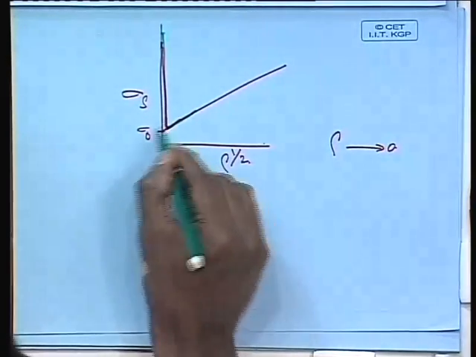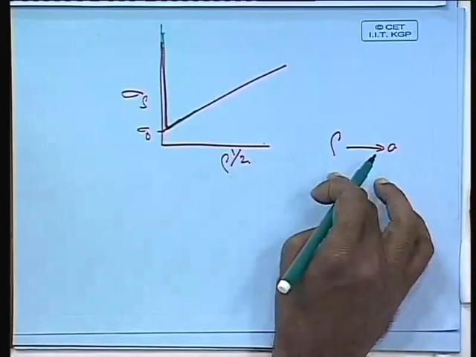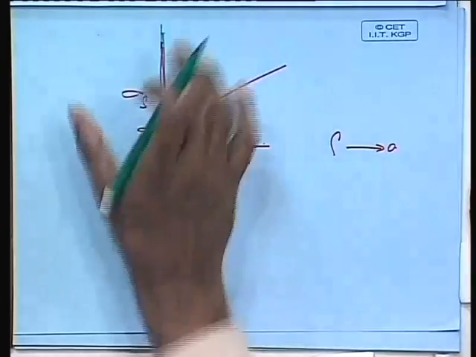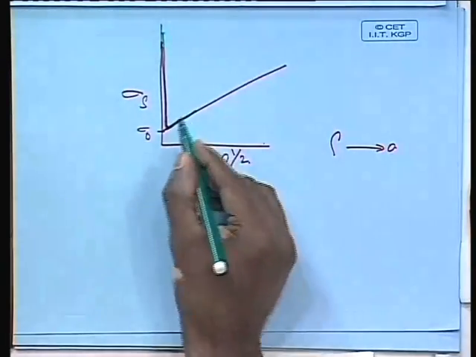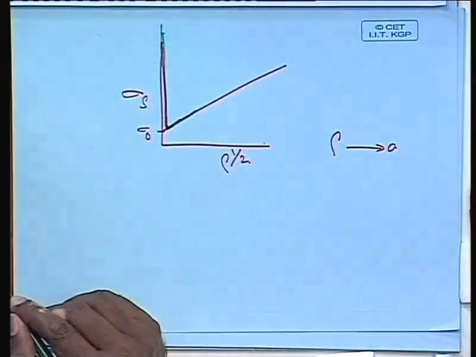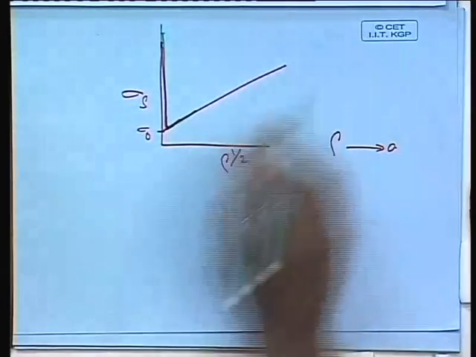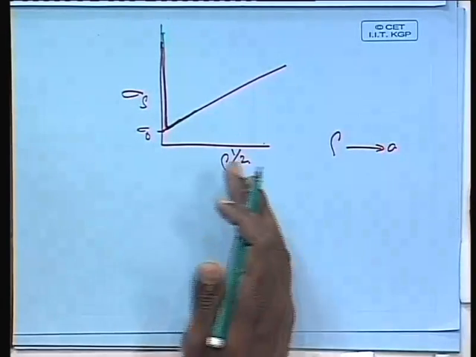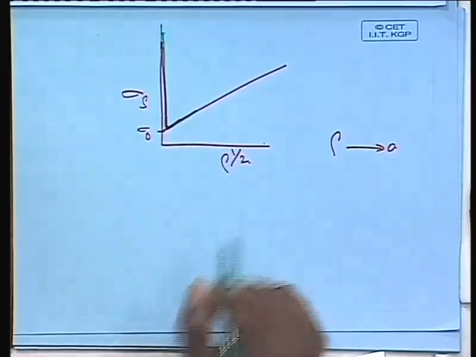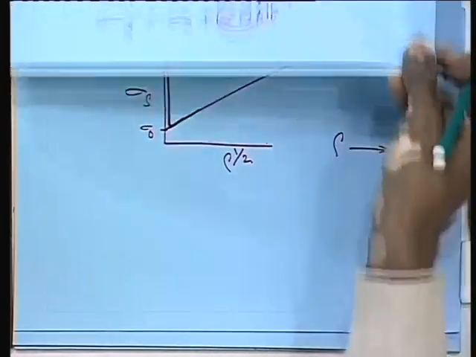So in a small domain close to rho tending to 0, this particular equation does not work and it deviates from linearity. Otherwise, when you have a large number of dislocations, this usually works very well. One has to remember that. So there is a relation between the yield strength and the dislocation density which works when you have more than a few dislocations, but not when you have very few.